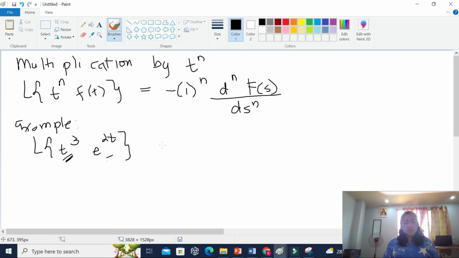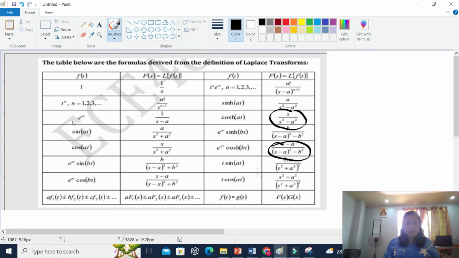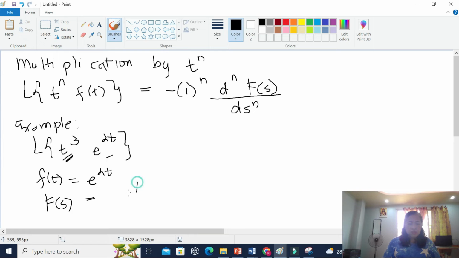Our function of t will be equivalent to e to the 2t. From our Laplace transformation table, e to the at is 1 over s minus a. So that will be 1 over s minus 2, our function of s.